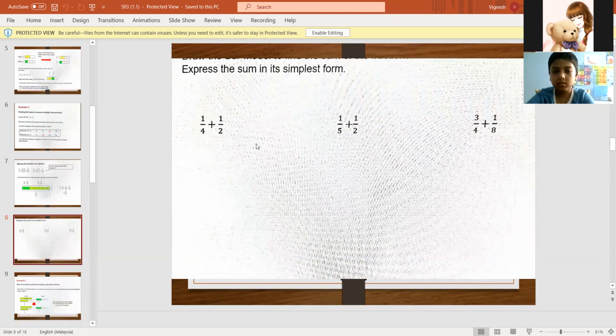Okay, yes. 1 over 4 plus 1 over 2. So I must find the same denominator. So I'll do 2 times 2 equals 4, then 1 times 2, that will be equal to 3/4. Very good. 3/4.